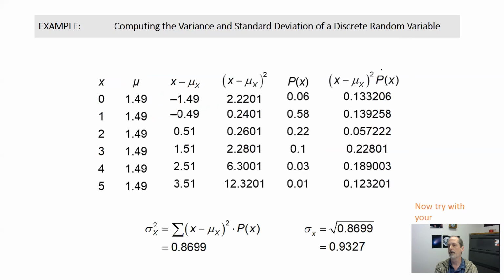And what I needed under the square root radical was x minus mu sub x squared times the probability of x. So these are all the parts, and this is the list that we're going to summate. So if I tally all that up, I get the 0.8699, and then I take the square root of that to get the standard deviation. So here's our standard deviation, and before I got its square root, I already had the variance.